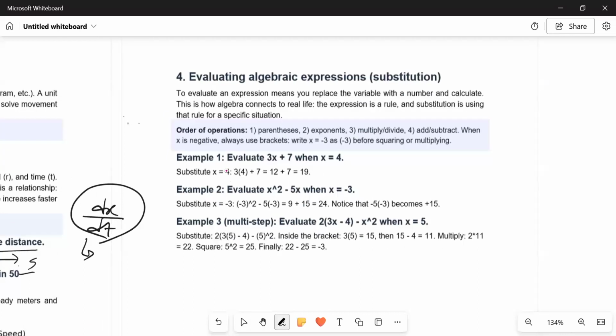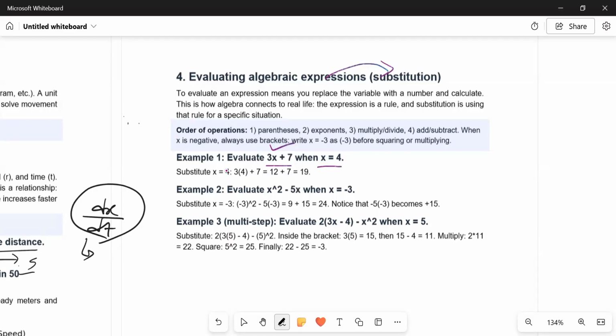Now, this is nothing new. Evaluating algebraic expressions using substitution just means that you have this expression, although it's not an equation, and you want to evaluate this algebraic expression, and you have the value of x.